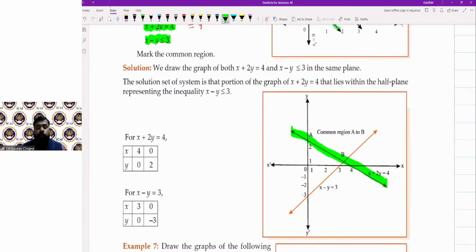Whereas जो दूसरी इक्वेशन है उसमें क्या होगा, x minus y less than equal to 3. Second is less than equal to 3.